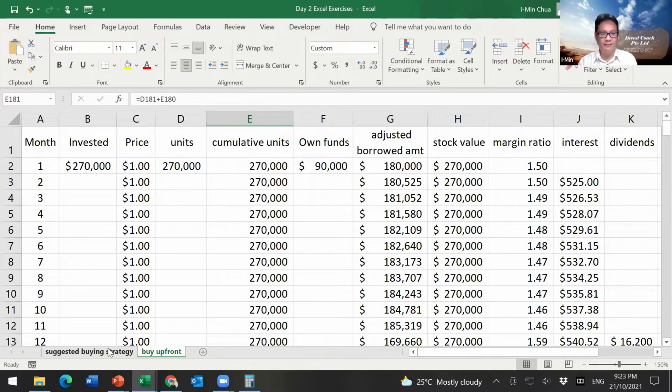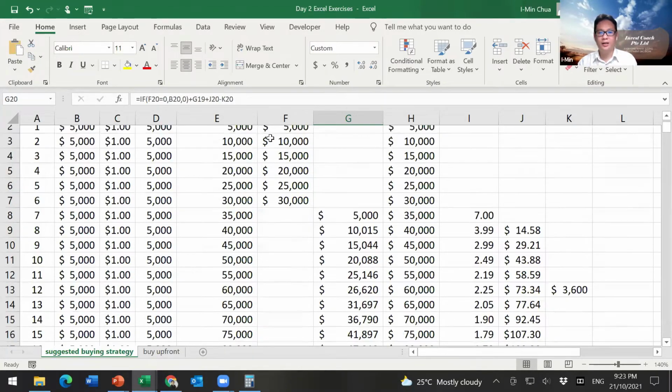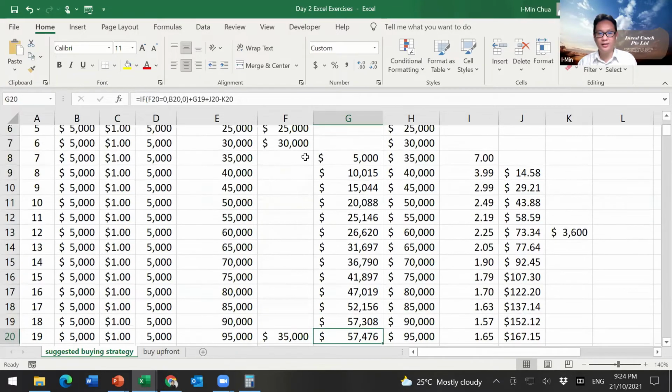Now, what I am suggesting you all to do is really diversify. So let's say same thing, you have $90,000 cash. This is what you do: you may want to break up into 3 main parts. Then you invest 1 part, max out the loan first.